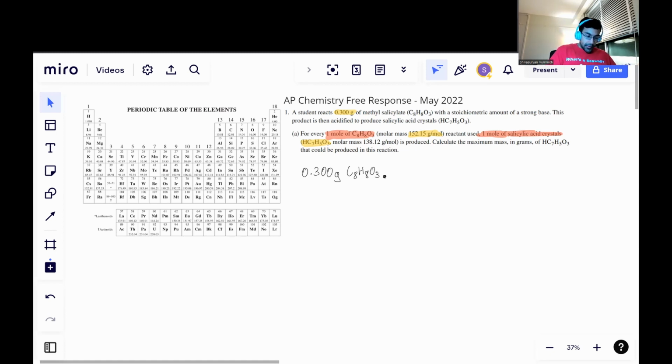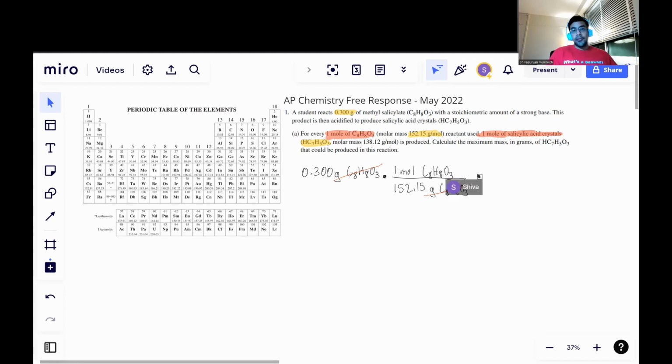So we would write 0.3 grams of C8H8O3 times 1 mole of C8H8O3, and we divide that by 152.15 grams of C8H8O3.